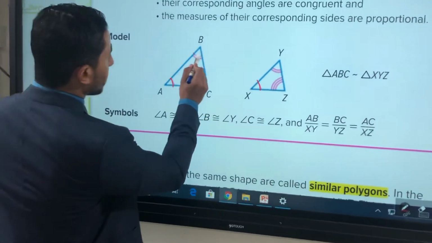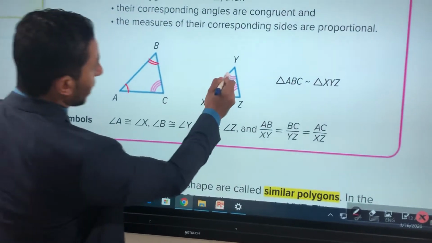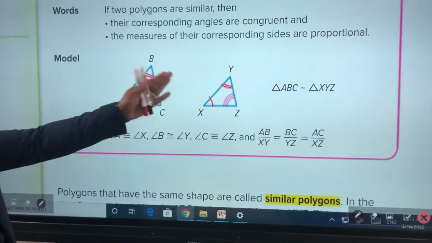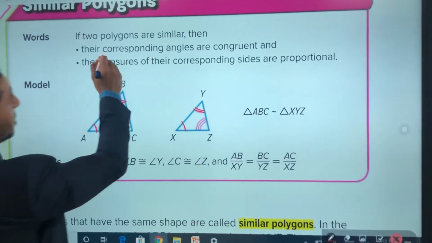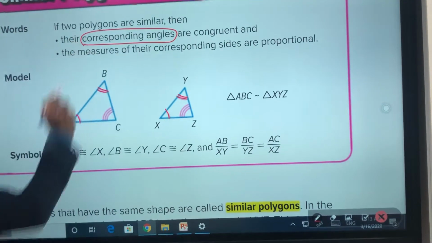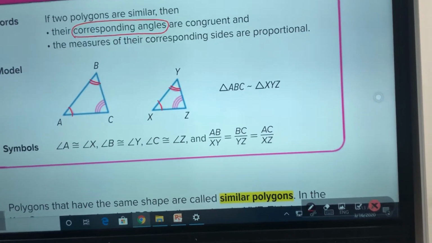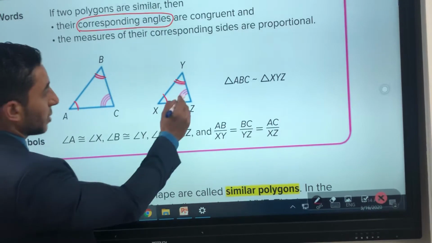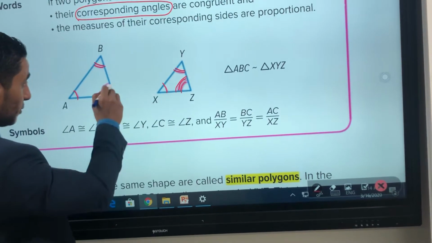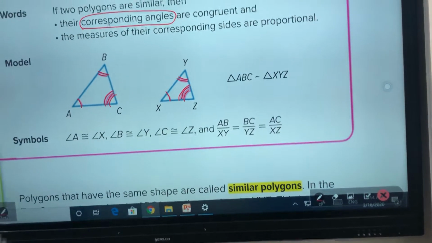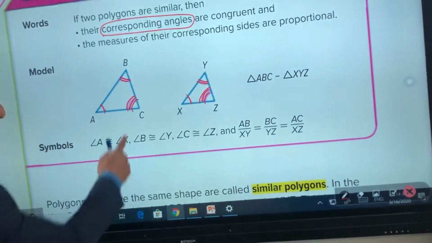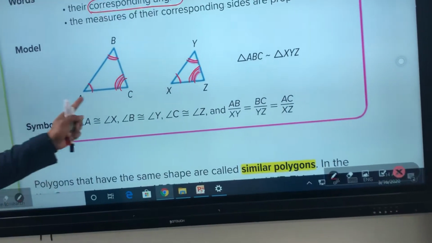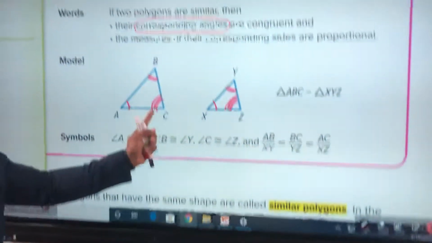And here 2 arcs, angle B with angle Y. Angle B and angle Y are corresponding. Corresponding angles, very important word. And C with 3 marks, follow the matching marks here. So 3 marks with 3 marks, C with Z. So A with X, B with Y, C with Z.